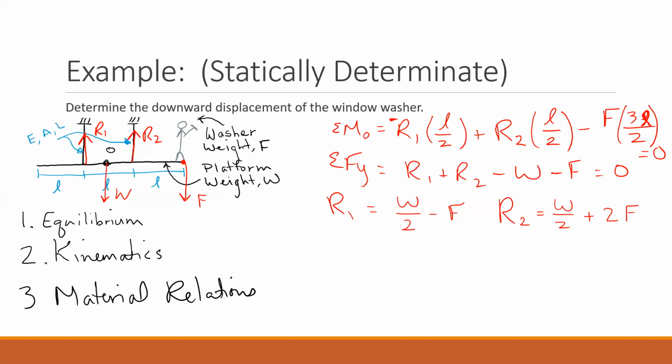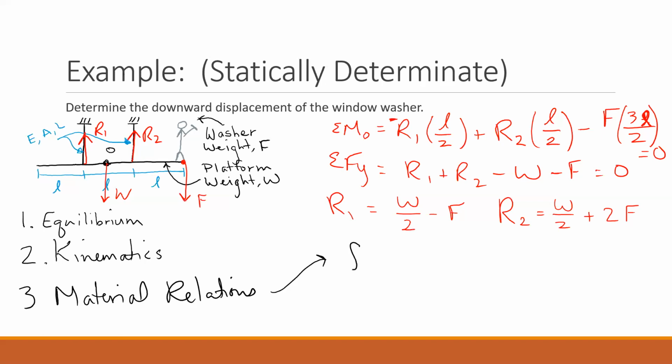So sometimes it's easier to skip to your material relations first, as opposed to going directly to kinematics, just to get this written down, even though it's only meaningful once we put it into our kinematics equation. Sometimes I just like to write this down first. So we can say that, and I take it back, actually, we can calculate this directly in this case because it's determinate.